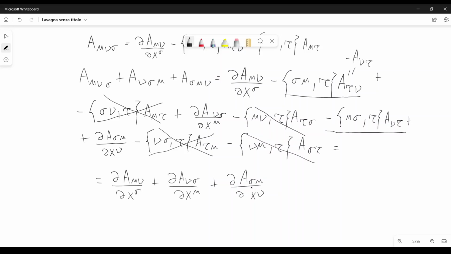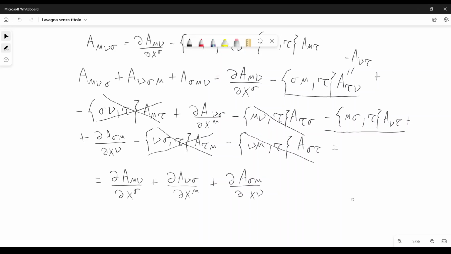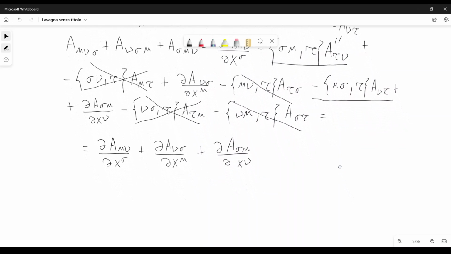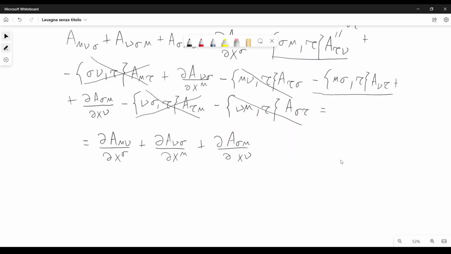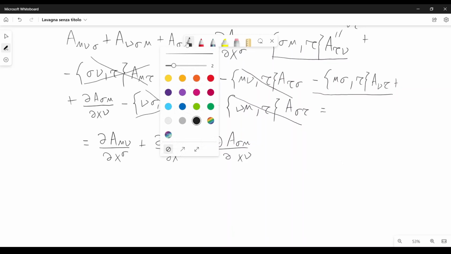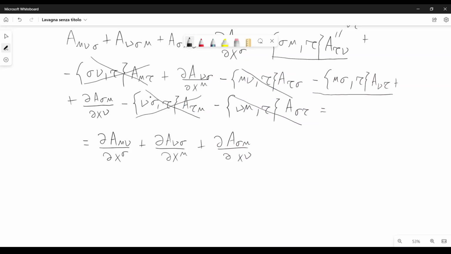Now, I'm going to derive other relations involving covariant derivatives. This is what Einstein does in the next part of this paragraph of the paper. We start from A_{μν;σ}, by which I mean the covariant derivative of A_{μν} with respect to the index σ.